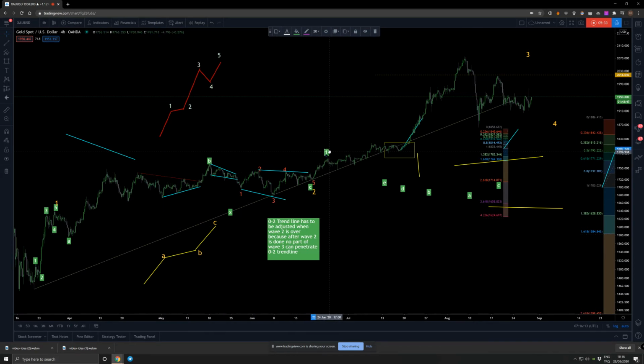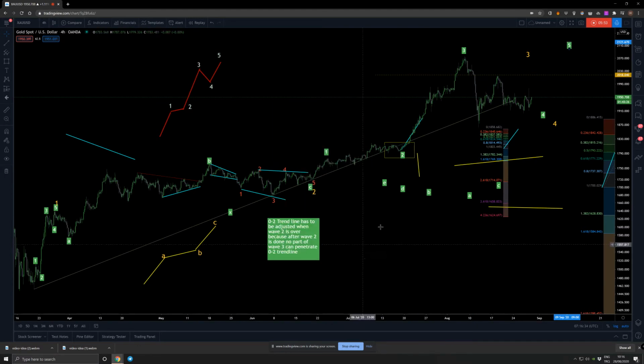So it looks like it can be something like this: a second wave and a third wave, and it looks like we may be in a fourth wave. If that's the fourth wave, we will have a fifth wave that should be here like this.